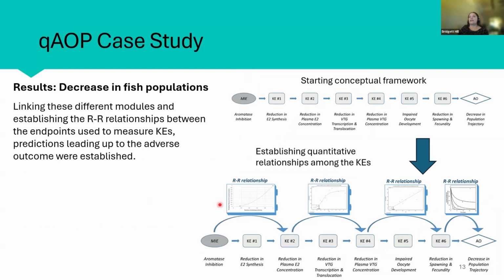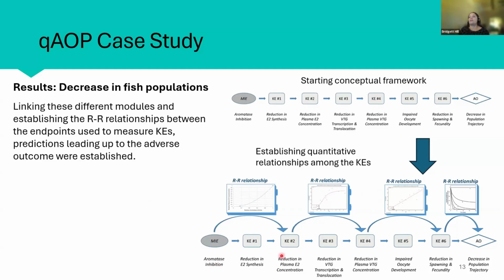So here's just an example of where along that AOP framework they were able to establish these quantitative key event relationships. On the top here is the starting conceptual framework from that existing traditional AOP. And then on the bottom here is where exactly they were able to create those modules to facilitate those relationships between the molecular initiating event and key events.